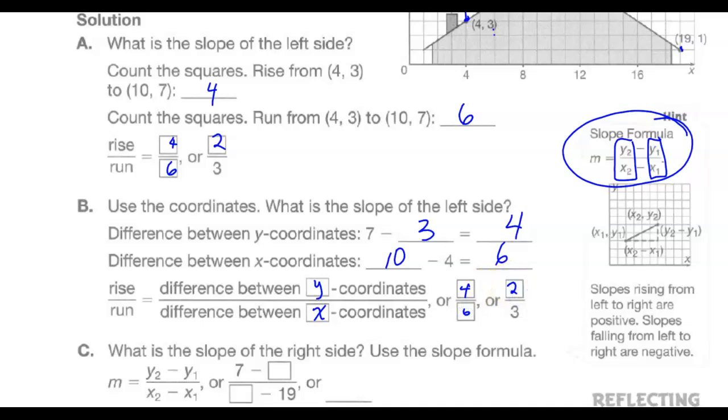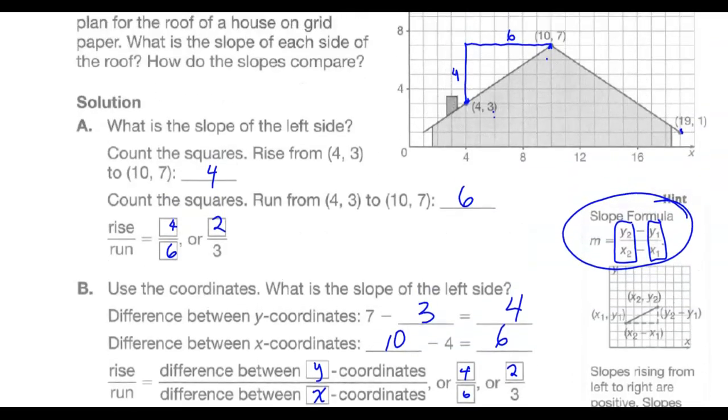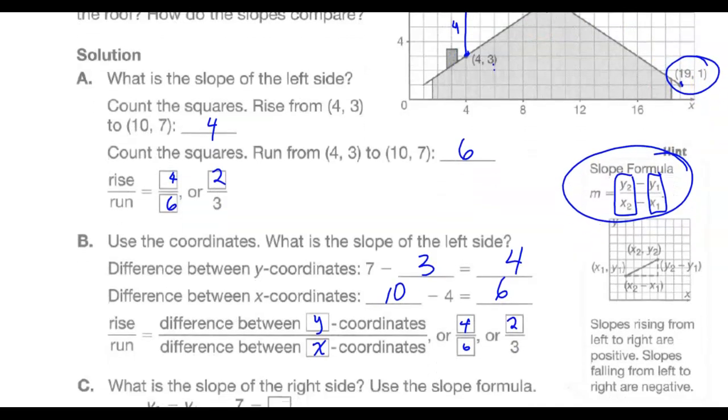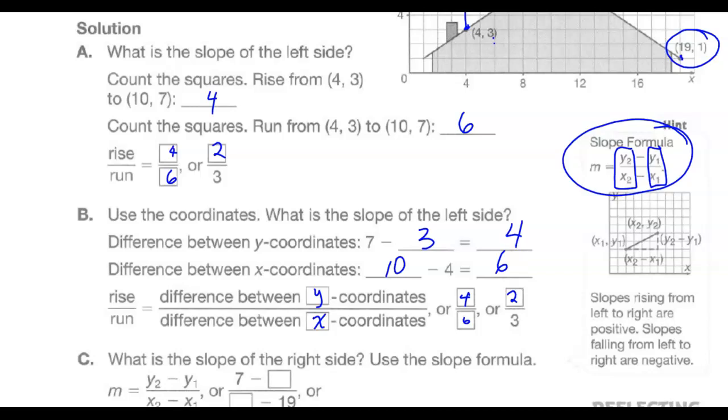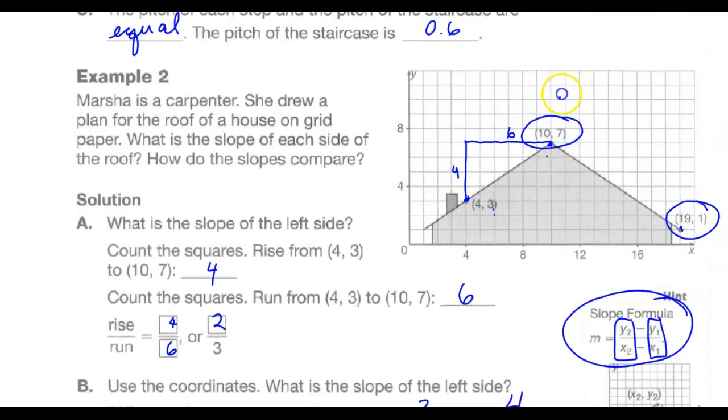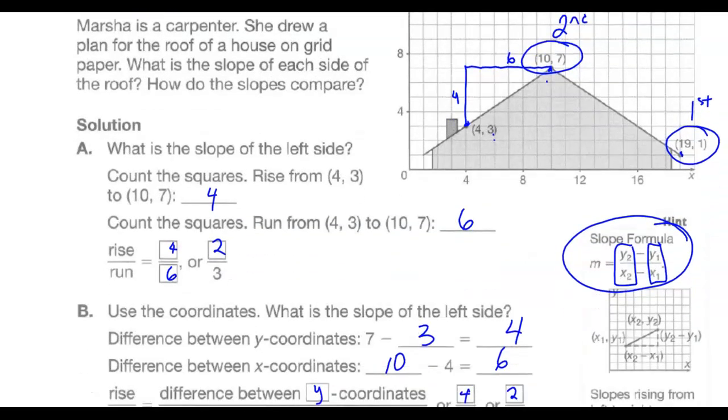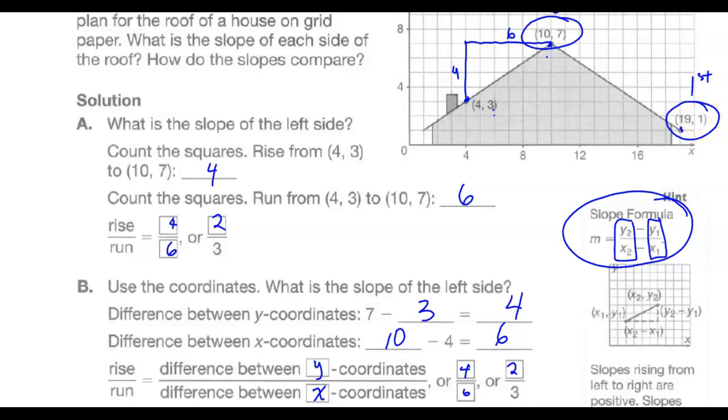Now, if we do the same for the right-hand side, we have our 2 points here. And so our workbook has chosen this to be our second point. Even though it's on the left, it doesn't matter, and this is our first point. So our y value of our second point is 7, and our y value of our first point is 1.